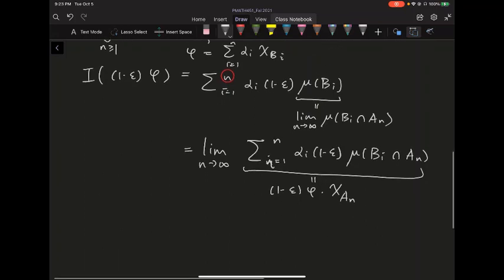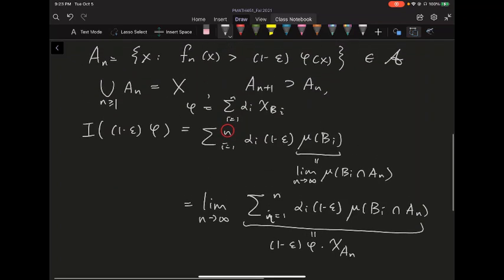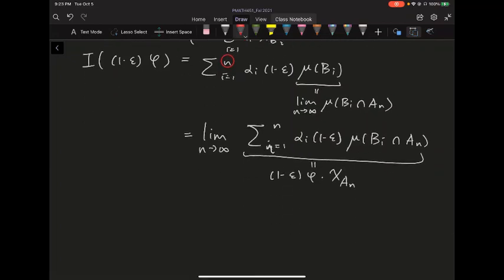And by our choice of these An, on each of these An we saw that fn is at least (1 minus epsilon) phi of x. So on each of these An, (1 minus epsilon) phi chi of An is less than or equal to fn of x chi of An.